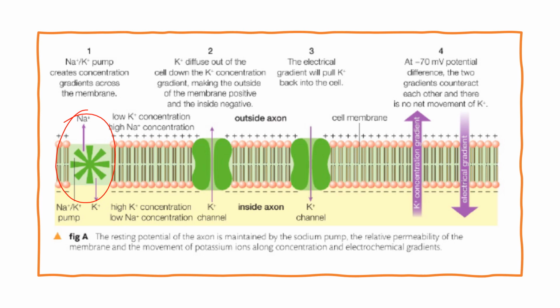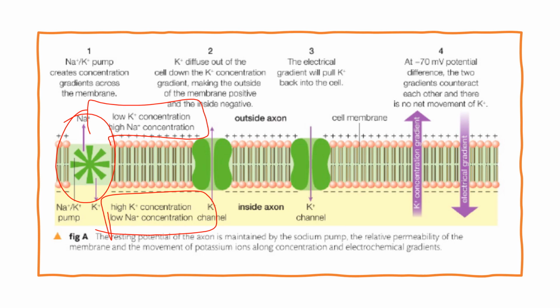As a result, there is high sodium concentration outside the cell and low sodium concentration inside the cell. The pump has an enzyme known as sodium potassium ATPase, which uses ATP to move the sodium ions out of the axon and the potassium ions into the axon.